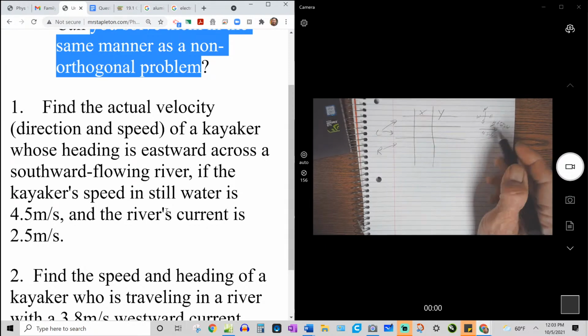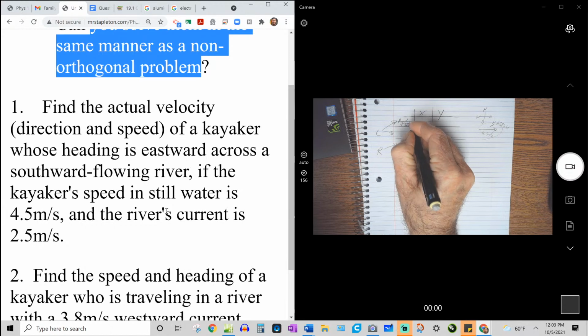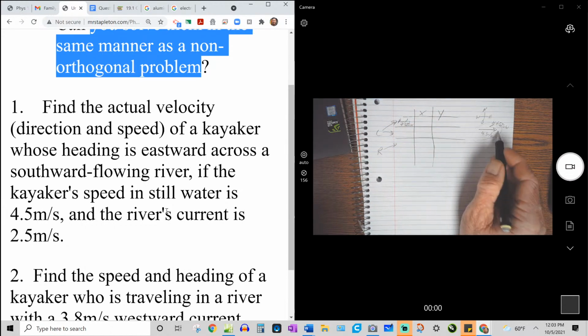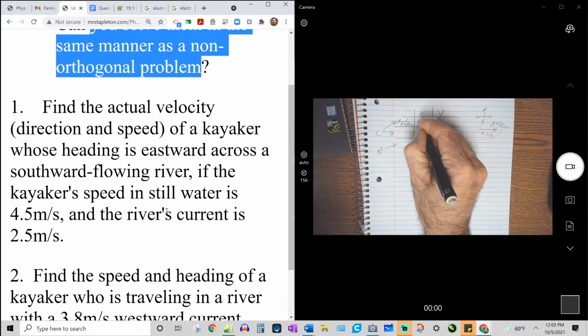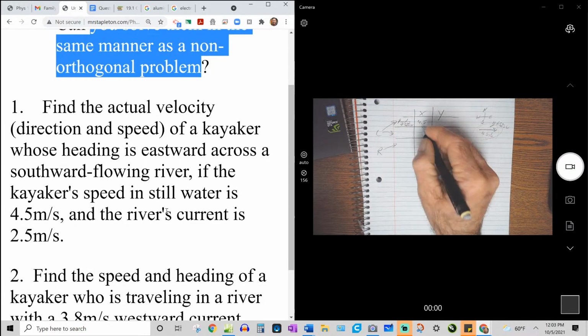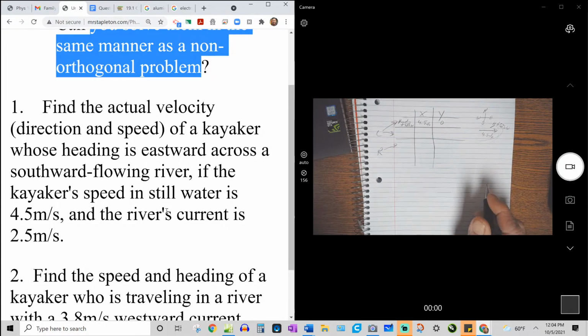So I'm going to put that here, heading and speed in still water, which is a component, and it's all the way I've drawn it in the x dimension. So x is 4.5 meters per second, and there is no y component to this, so that's just 0.